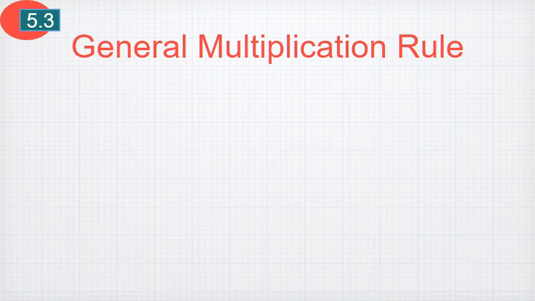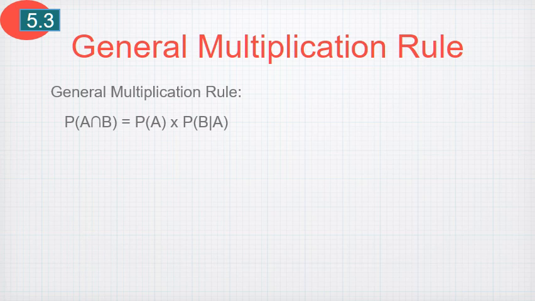Okay, so the general multiplication rule is this right here, that the probability of A and B is equal to the probability of A times the probability of B given A. Now on your fancy-dancy formula sheet, you're going to see it written slightly differently.